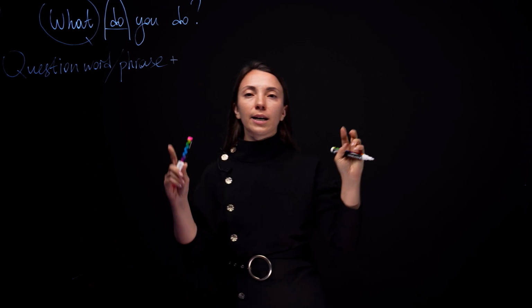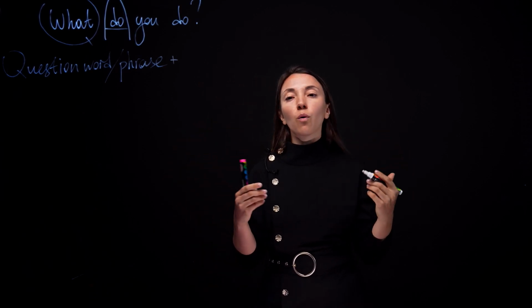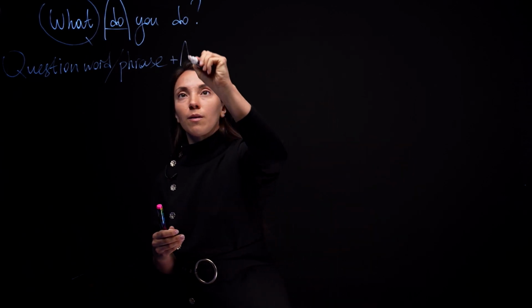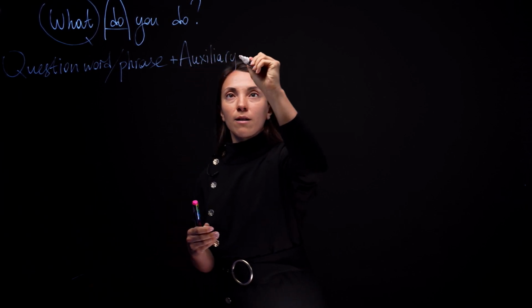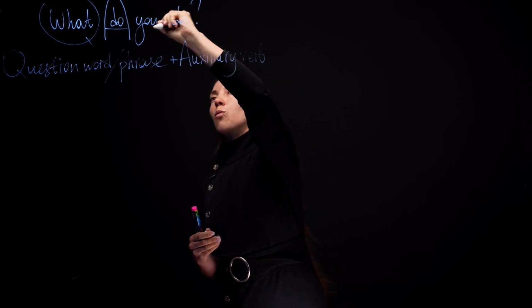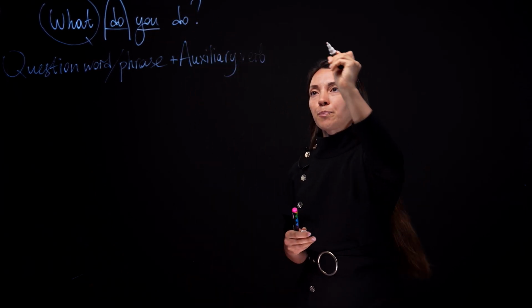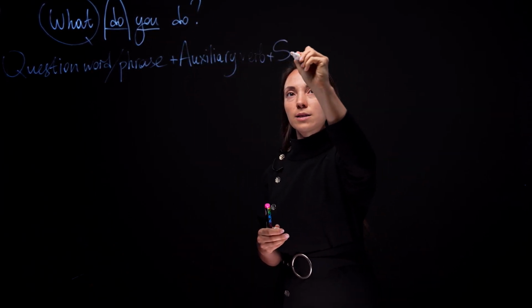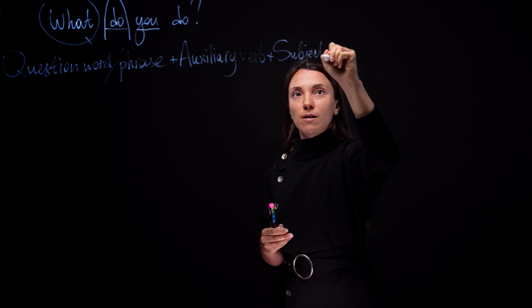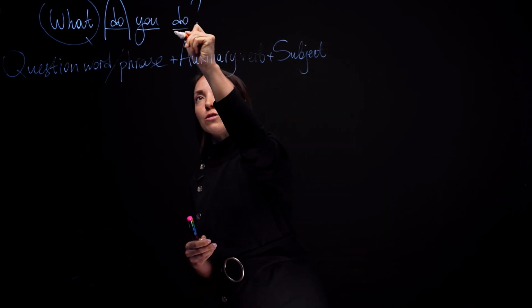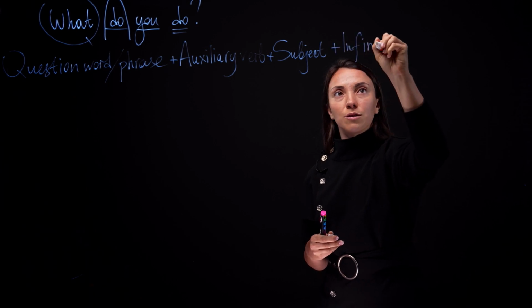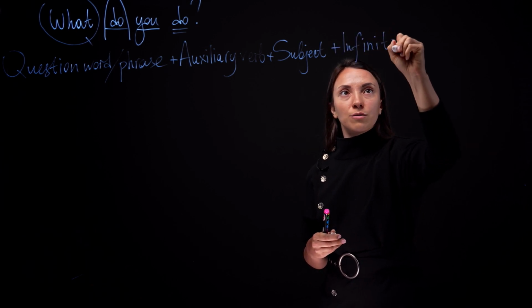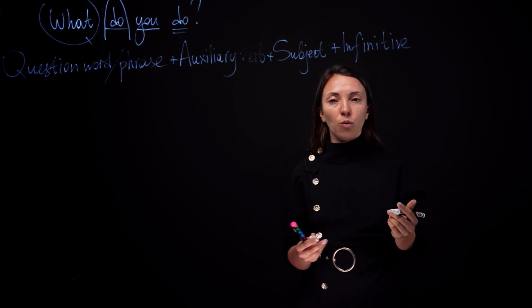We call it, so to say, a helping verb or auxiliary. What about you? We call it a subject. And do, it's an infinitive. It's the first form of the verb.